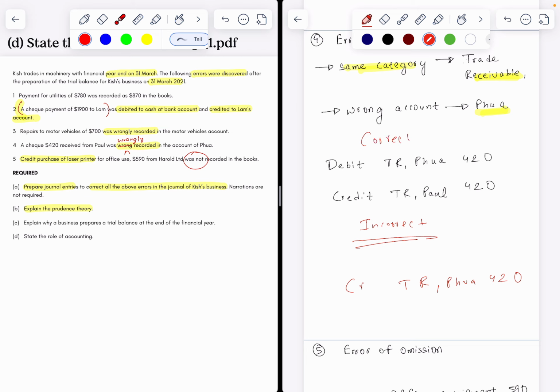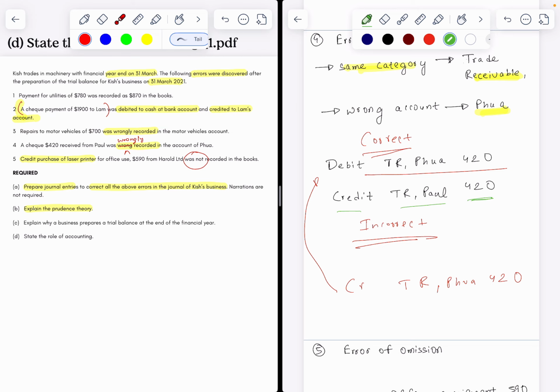So to correct this, what we have to do initially is to increase our balance for POA first by 420. So when we increase our balance for assets, we debit it, which offsets the mistake that we have done before. And then simultaneously, we would want to credit the trade receivable account for Paul by 420, who is the credit customer that has actually paid us, all right?